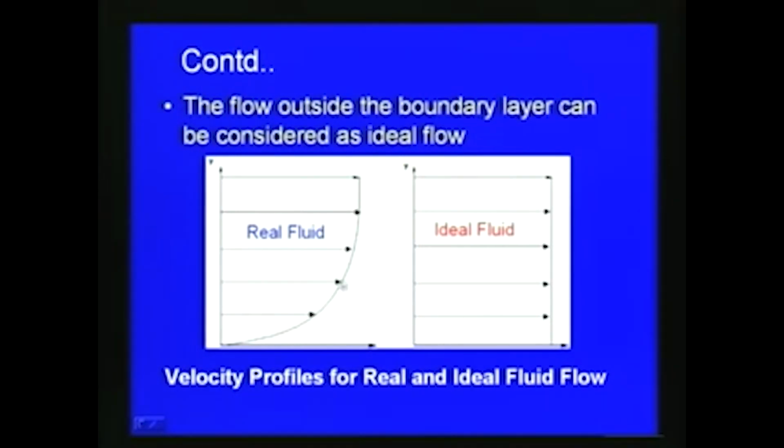If we can identify the exact location of the boundary layer, then we can approximate, even though it may not be 100% accurate, that after this boundary layer the flow is an ideal fluid flow or potential flow.